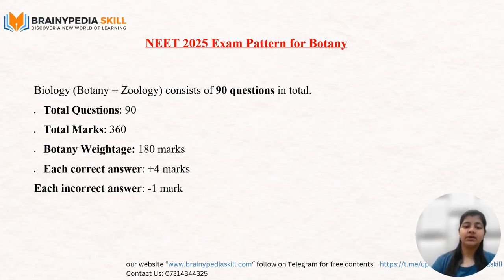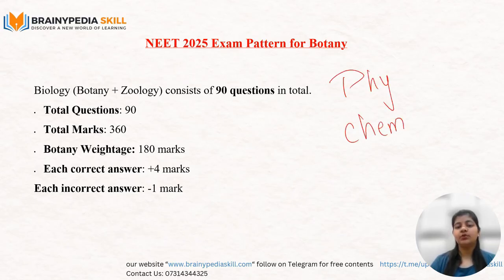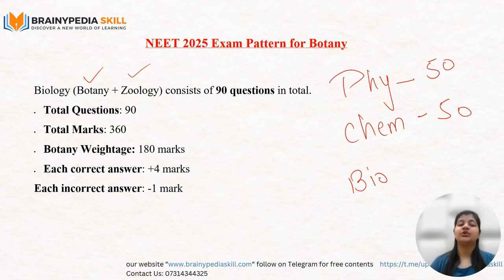Okay, so in our exam, in the science portion, there are three subjects as you all know, that is physics and then your chemistry. Both of these subjects contain 50 marks each, whereas biology is divided into two sections, that is botany and zoology, and it consists of a total of 90 questions.